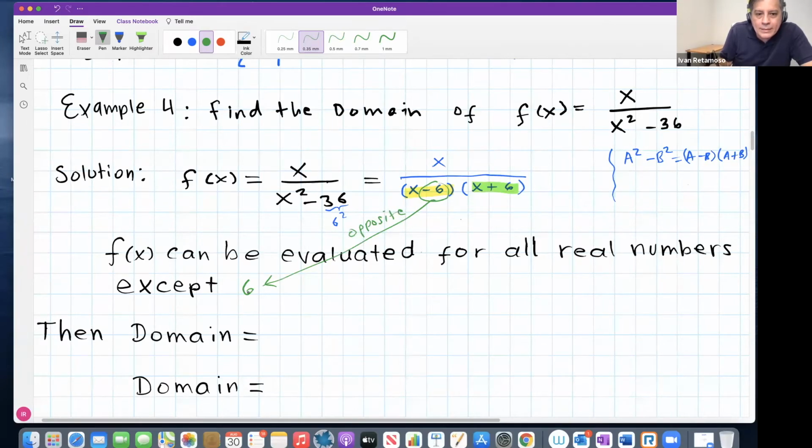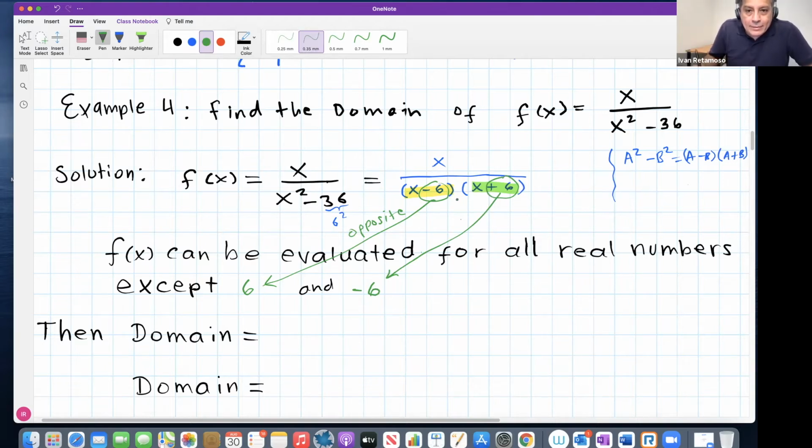Opposite of negative 6, 6. And opposite of this guy now, negative 6, right? These are the two input values that are not good for this function, 6 and negative 6. I took it from the opposite, right?